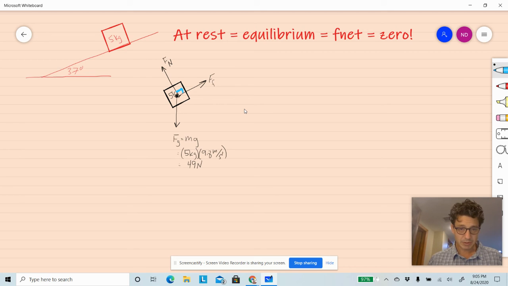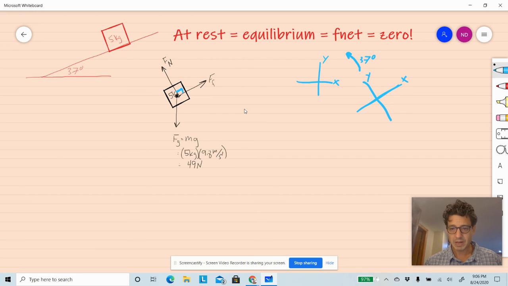So the best way to do this is to, instead of having what you're used to as your X and Y, this time we're going to rotate everything to go with our ramp. You're just going to take it and rotate it 37 degrees. So your X-axis is like this, and your Y-axis is like that.